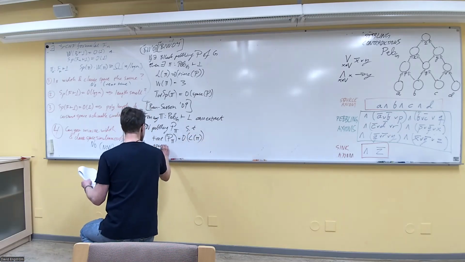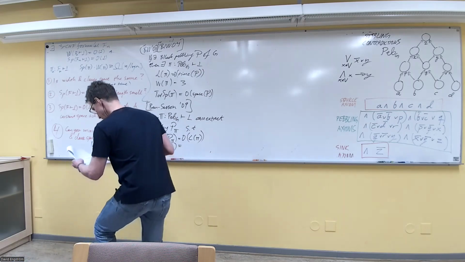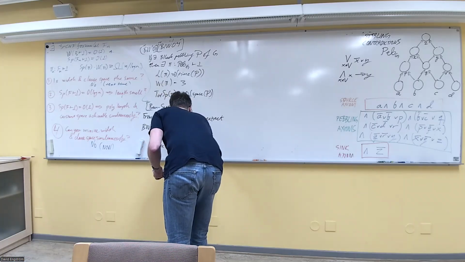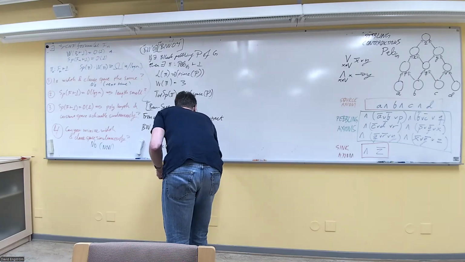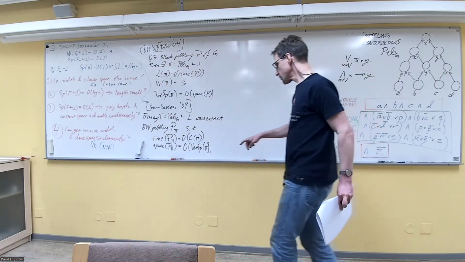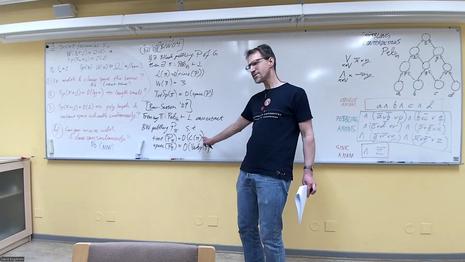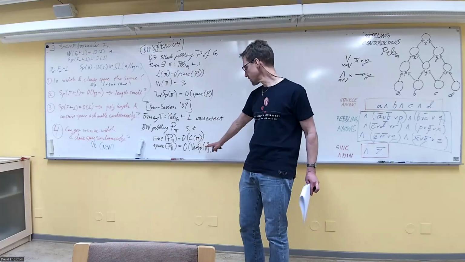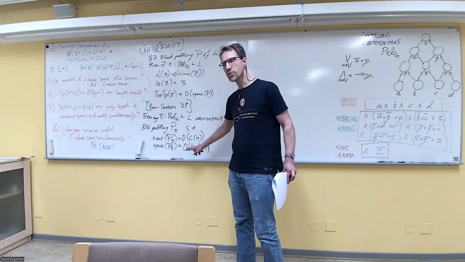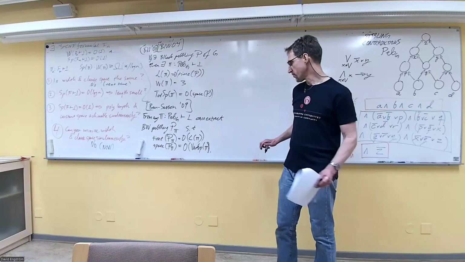The space of the pebbling is going to be big O of, and now I'm going to be super specific, I'm actually going to plug in variable space here. Note that variable space is arguably the smallest of the three measures. Well, it's not clear how variable space and clause space relate, but definitely this is smaller than, you take the variables, you don't even count repetitions, and still the pebbling space is upper bounded by this.